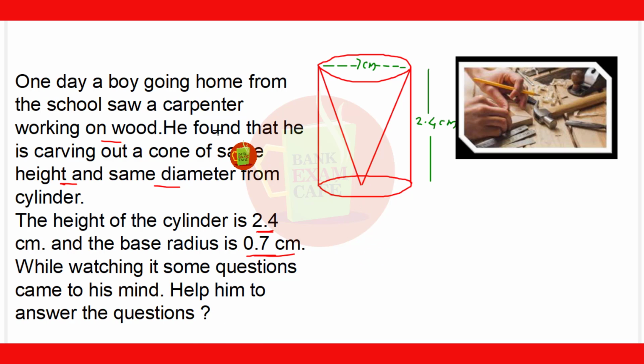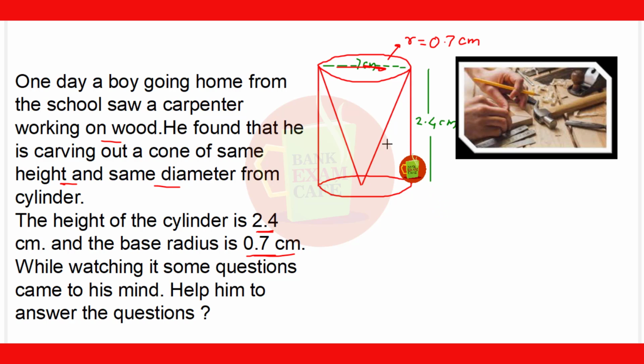Here, friends, one day a boy, while going home from the school, saw a carpenter working on the wood. He found that he is carving out a cone out of the cylinder of same height and same diameter. The base radius is given as 0.7 centimeter and the height is given as 2.4 centimeter.